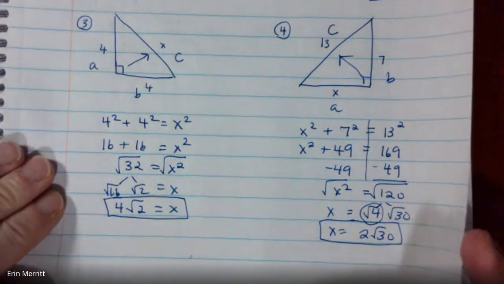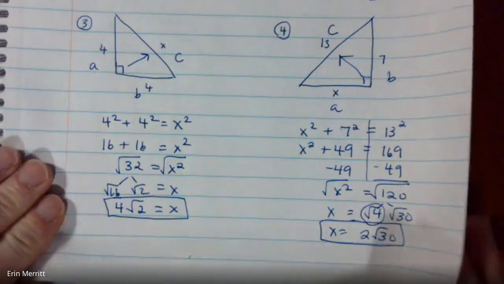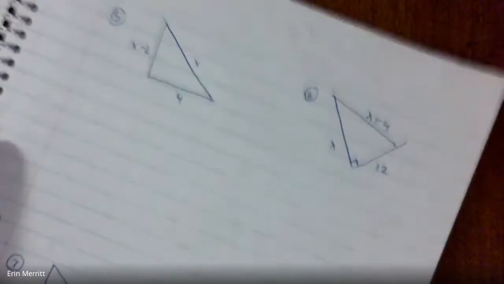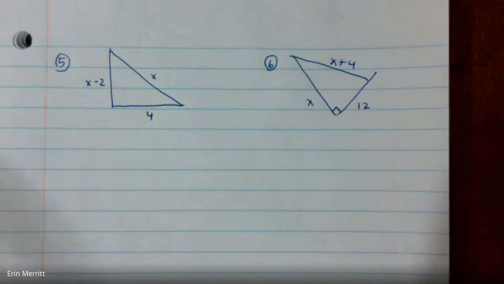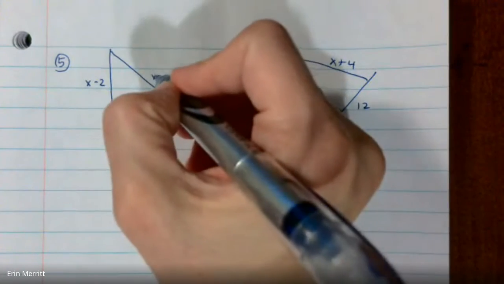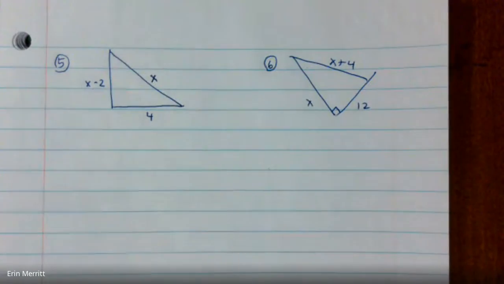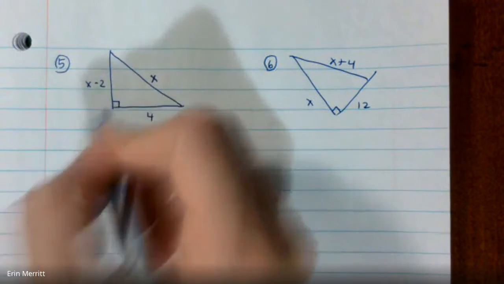Okay, there's one other type of question we're going to look at today. When you flip it on over to the next page, these ones, I like these ones. They're a little tricky because you've got more than one x in the problem, but it still starts the same way.